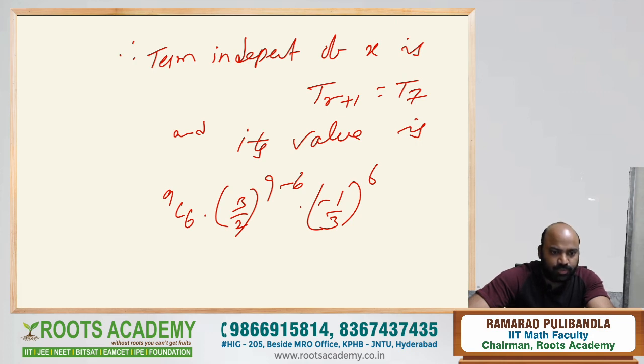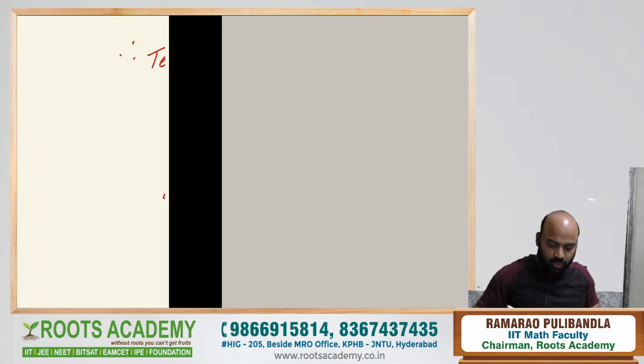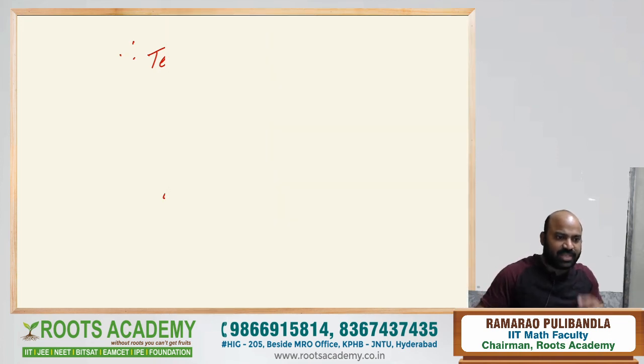First go to exercises level 1. In level 1, the first heading is ABC of binomial expansion, meaning very basic things in the binomial theorem, and then general terms in a binomial expansion.